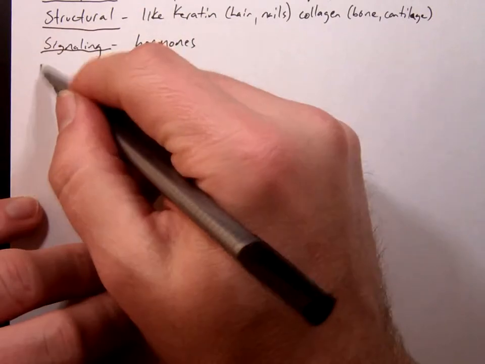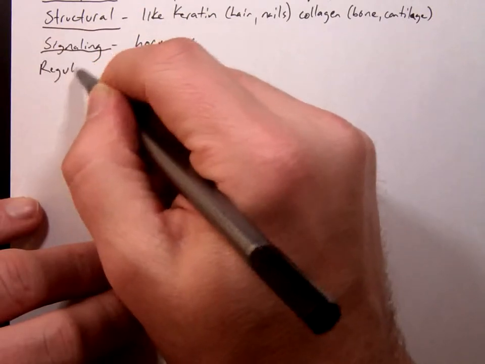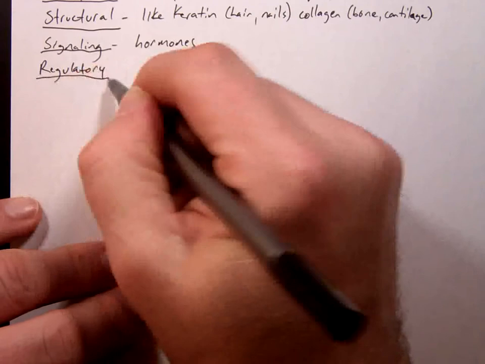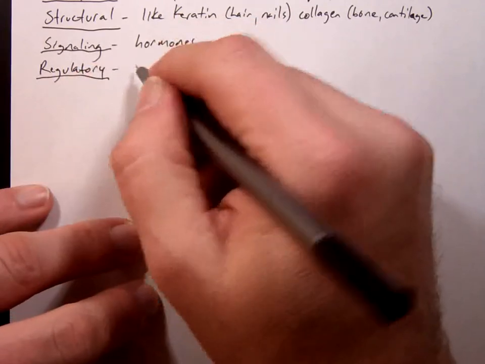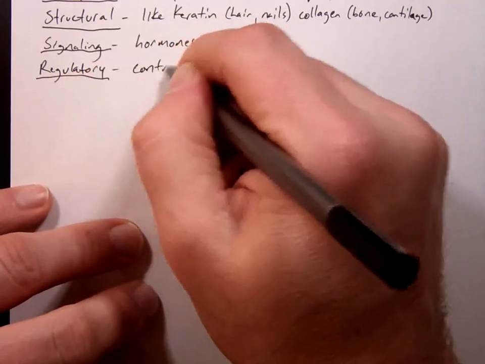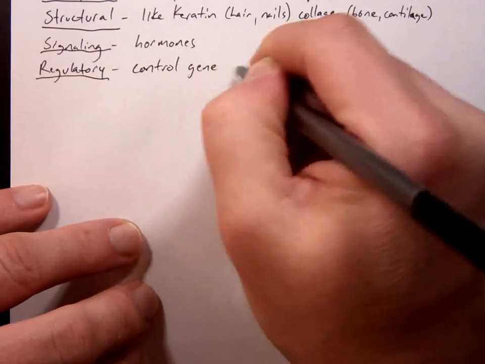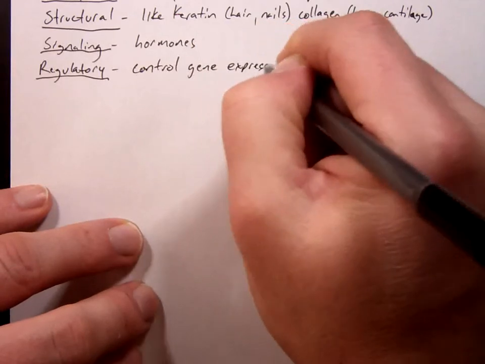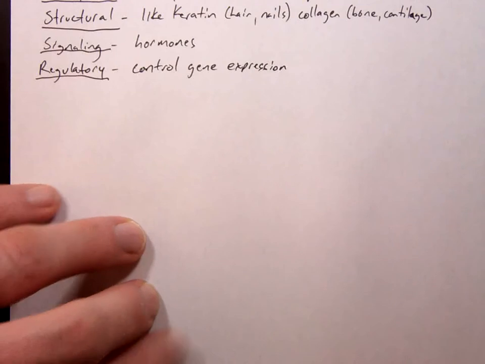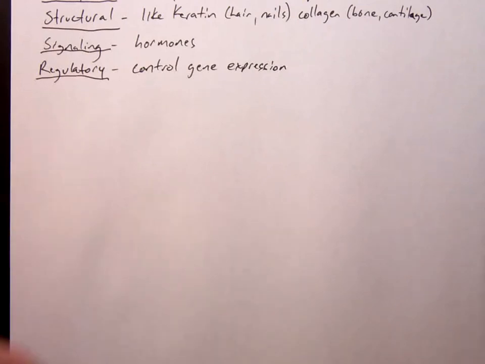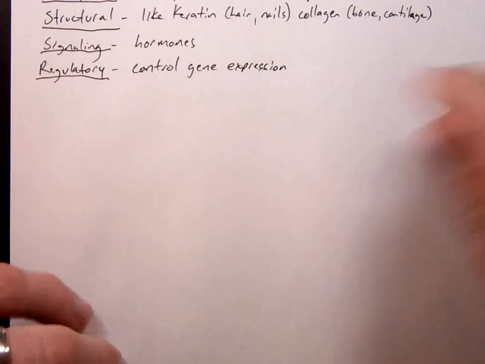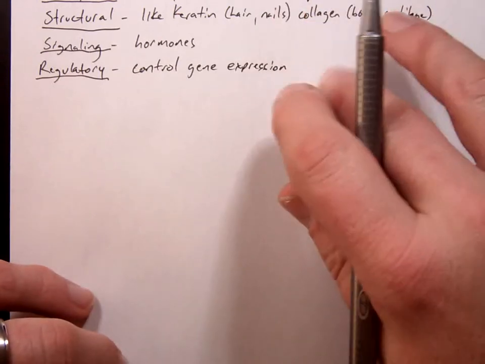Regulatory, like I mentioned earlier, which are in charge of gene expression. Think about your DNA as like a switch panel, basically like a breaker panel in your house. Some genes are switched on and some are switched off.